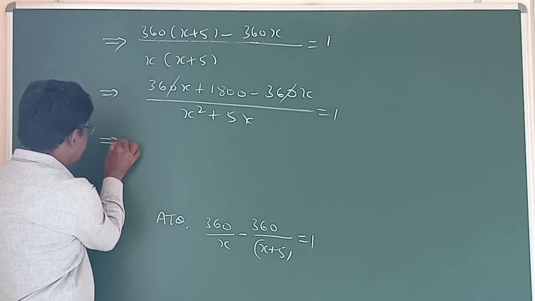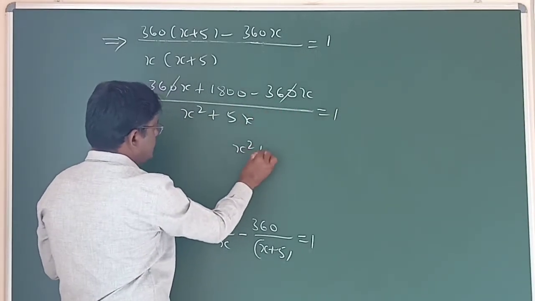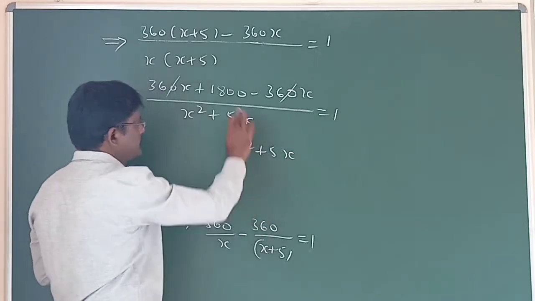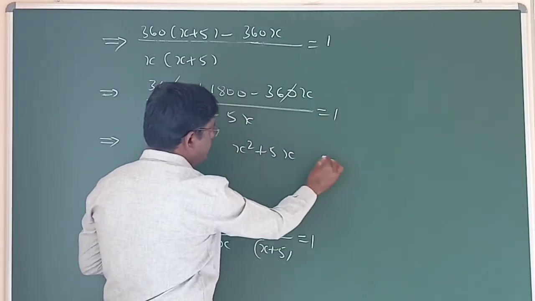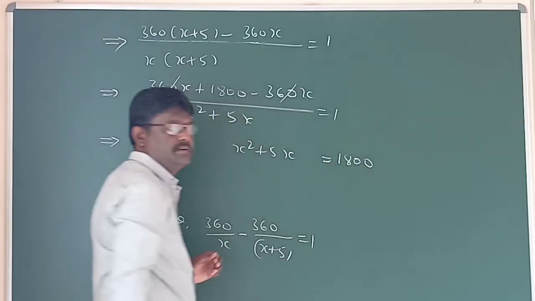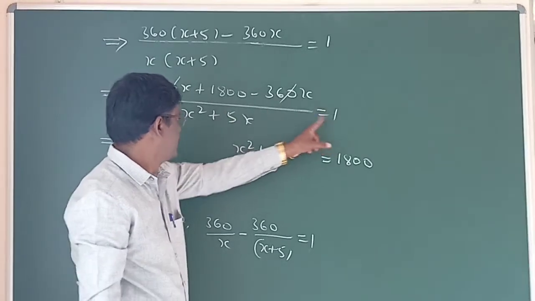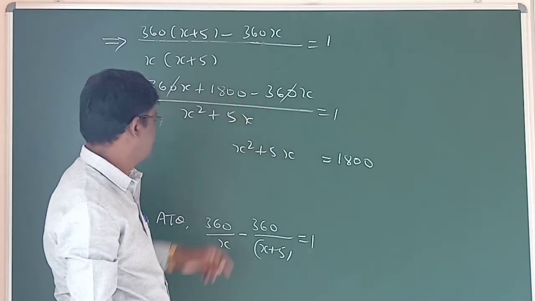Therefore, this will be equal to x square plus 5x, okay, equal to what? 1800. What is done? Cross multiplication is done. 1 into x square, 1 into 5x equal to 1800.